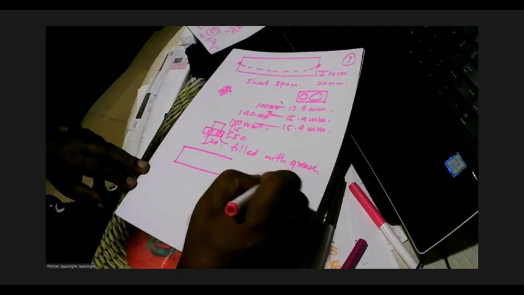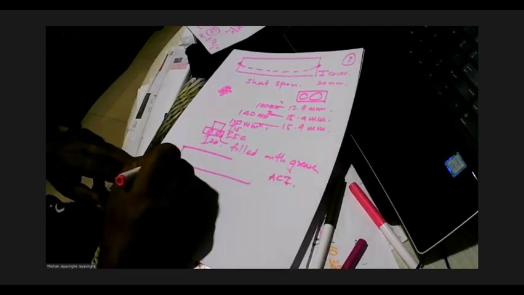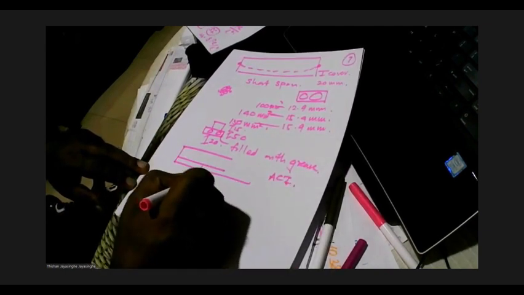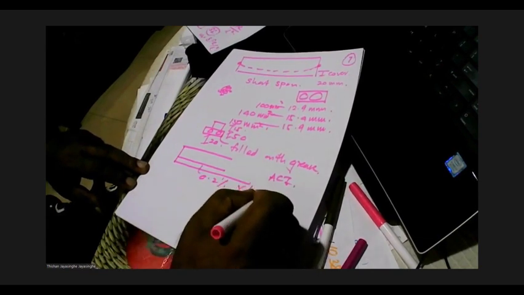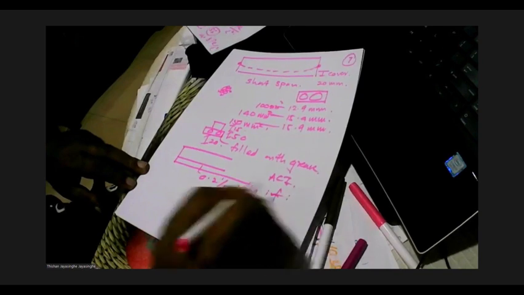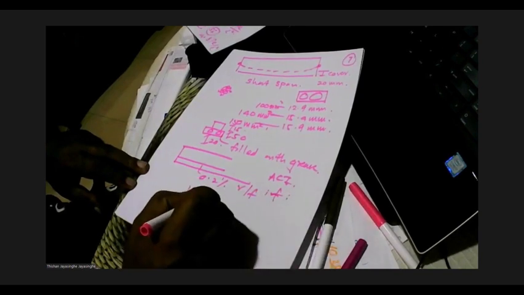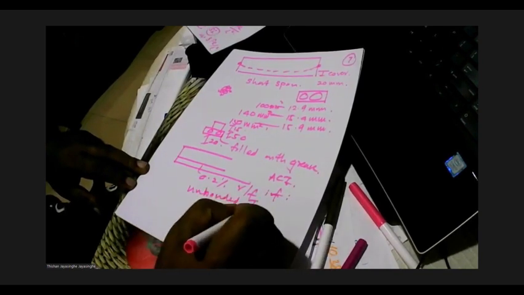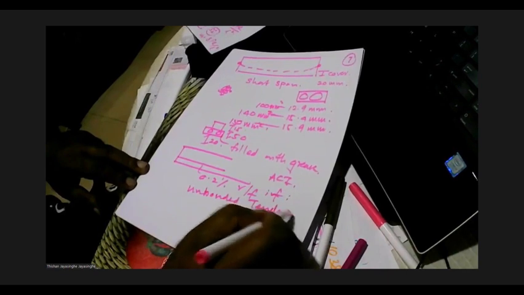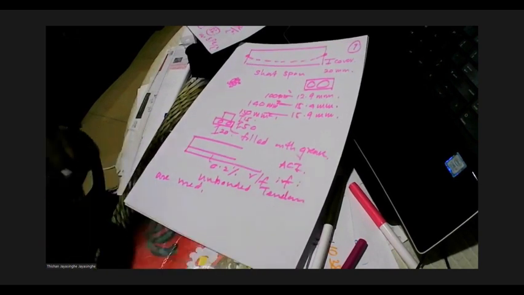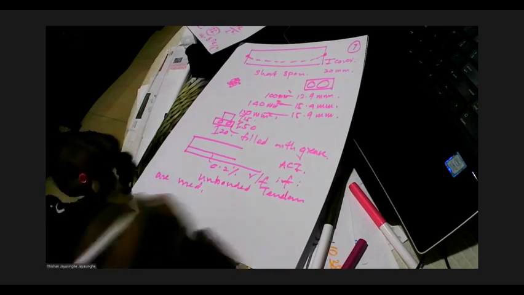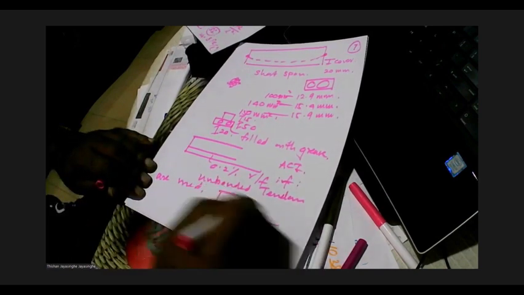Because of that reason, in the ACI codes, it is recommended to have about 0.2% reinforcement if unbonded tendons are used. It's not a major amount of reinforcement, but these are thin sections.